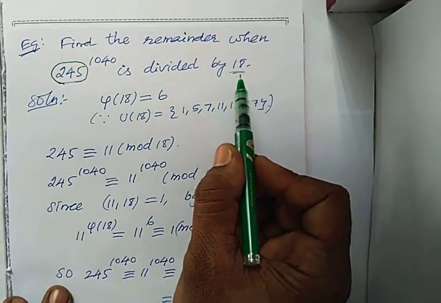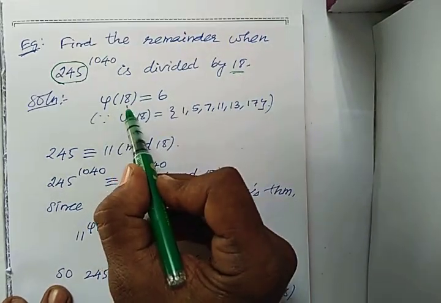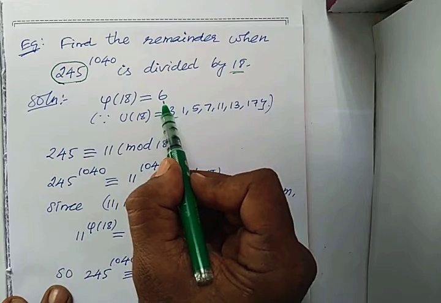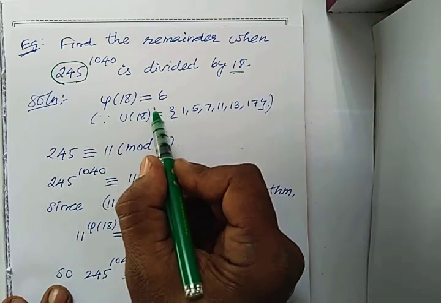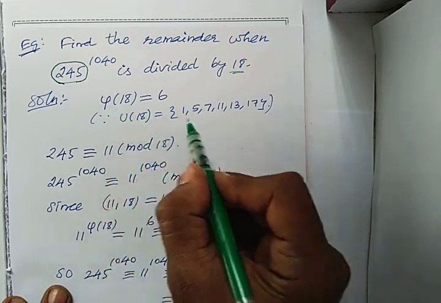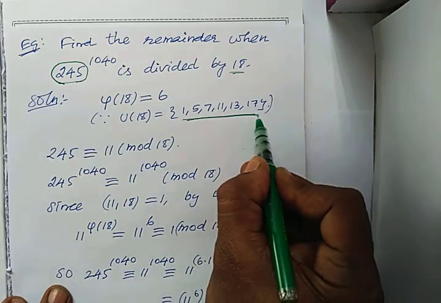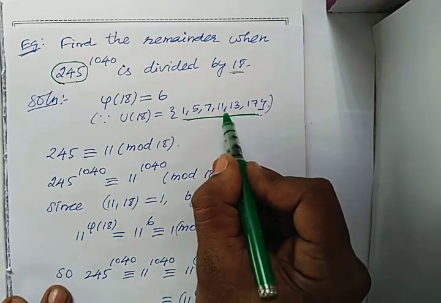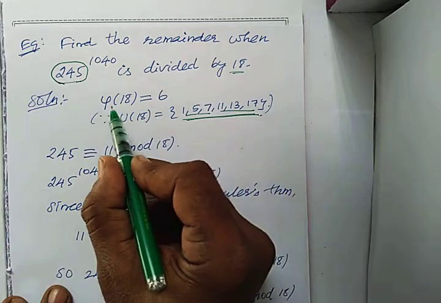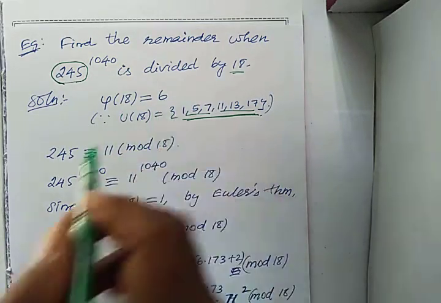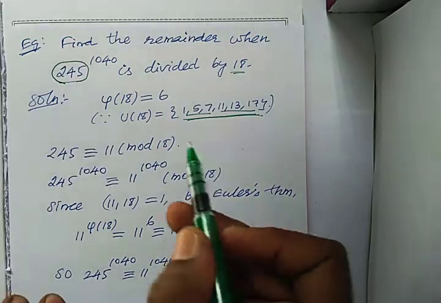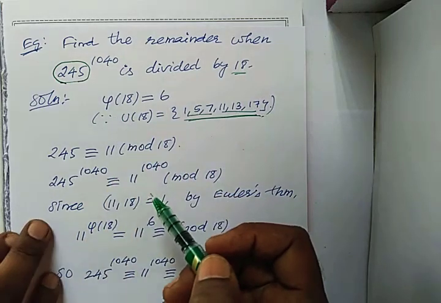Okay, let us now find phi of 18. Phi of 18 is equal to 6. What is phi of 18? U of 18 is equal to this set. Here there are 6 elements. So phi of 18 is 6.